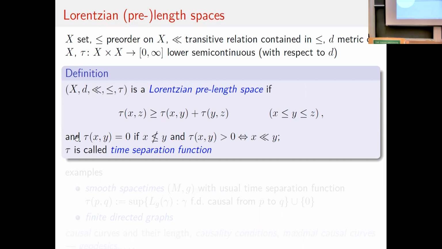And it has the property that tau is zero if and only if they are not causally related, and positive if and only if they are time-like related. And this tau is called the time separation function. For example, Robert in his talk had the other convention that he sets tau to minus infinity if they are not causally related and zero if they are causally related.